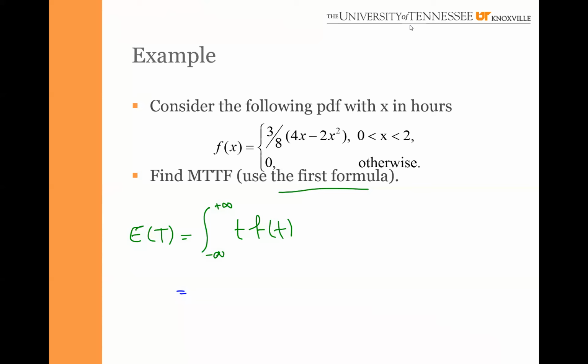Okay, so we are integrating from minus infinity to plus infinity, right? But look here, our function is positive only between 0 and 2. So we can ignore the rest, right? Because it's going to be 0.